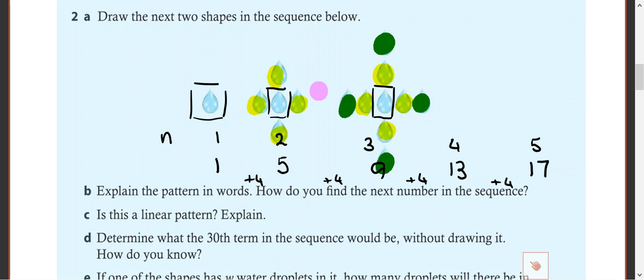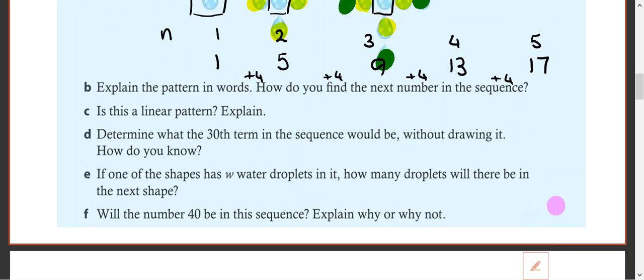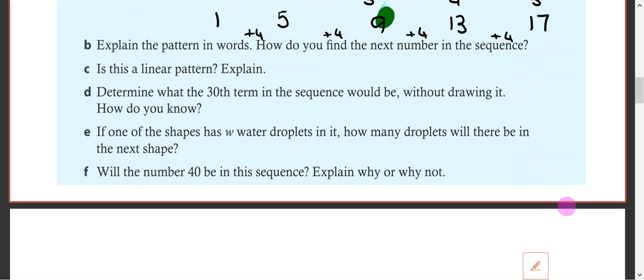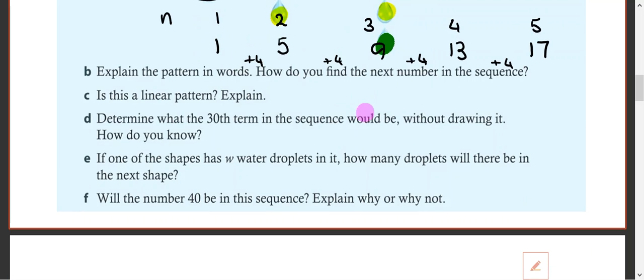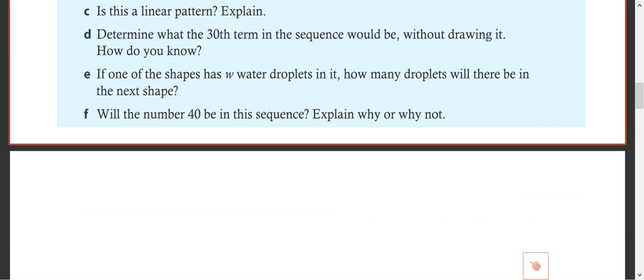Like Yuma just said, when we get to the 30th one, how many lots of 4 will we have? 30 take away 29? The second one is 1 lot of 4. Now, the first one is no lots of 4. So the 30th term would be 29 lots of 4 plus the 1 in the middle.